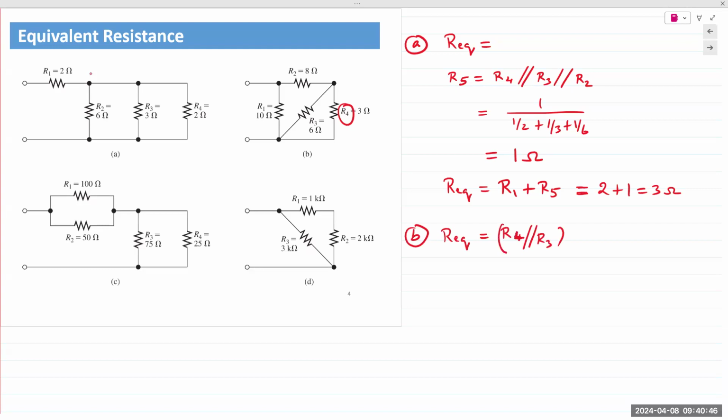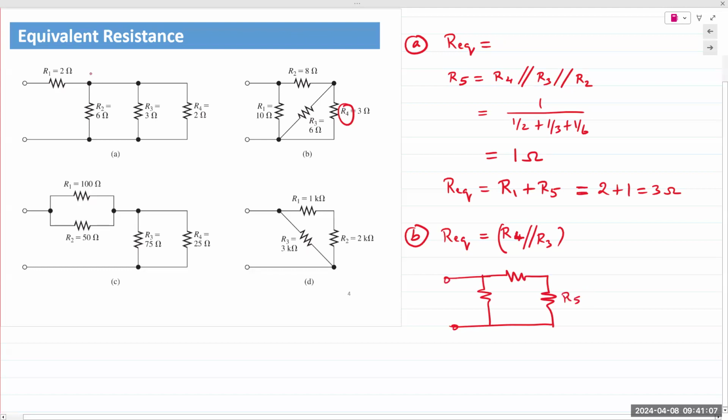Then comes R2. If we reduce R3 and R4, let's say R5, you can call it whatever you want. I'm just using that naming convention, taking it forward. So R5 is the parallel combination of R4 and R3. Then what do we have? Absolutely.